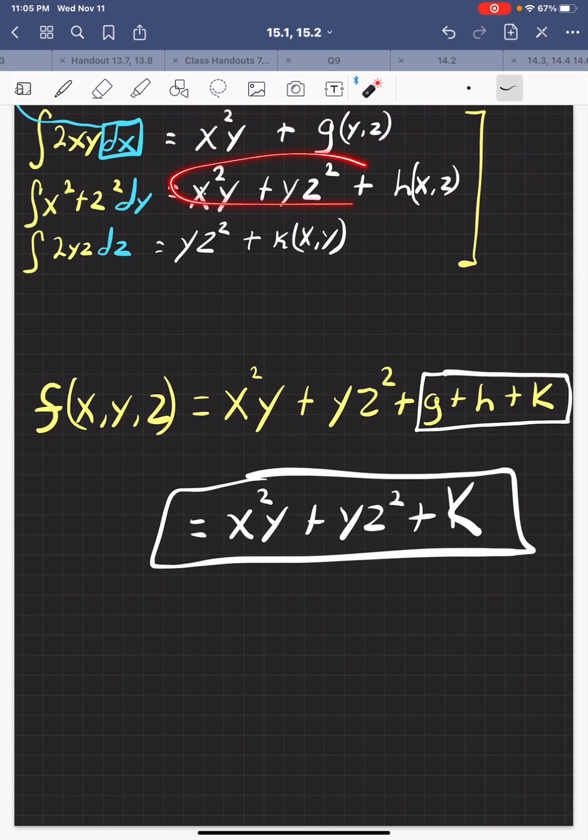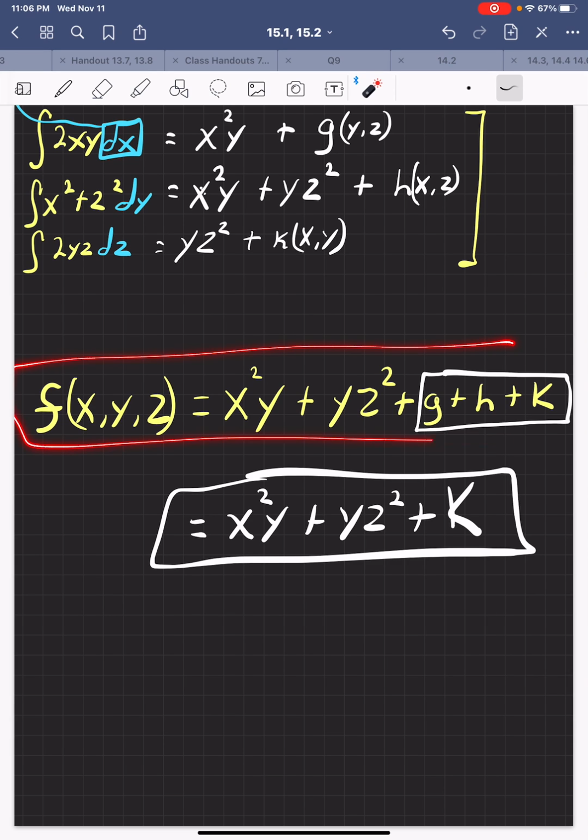Then they would set the next two equal, and have something like k equal to xy squared plus h, and then they would say h is just equal to k. I understand a little bit of mathematical manipulation is all that is, but it's not needed; you can just leave it as such, okay?